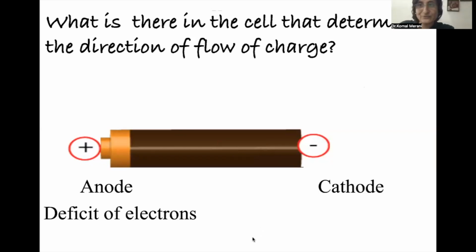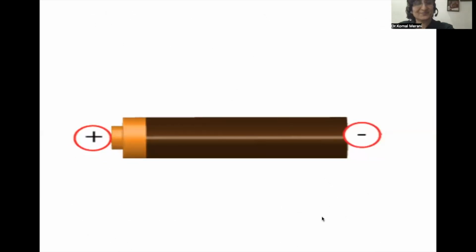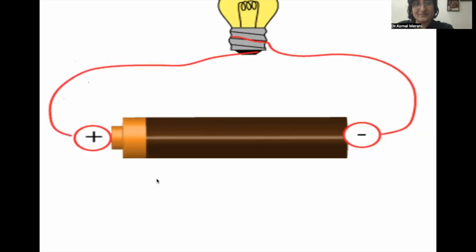The anode has deficit of electrons and so also known as positive potential. Deficit of electrons means having less amount of electrons, whereas cathode has excess and so it is also known as negative potential. Now, when you connect a wire between the positive and the negative terminals of the cell, that means between the anode and the cathode, can you guess how the electrons are going to flow through the wire?